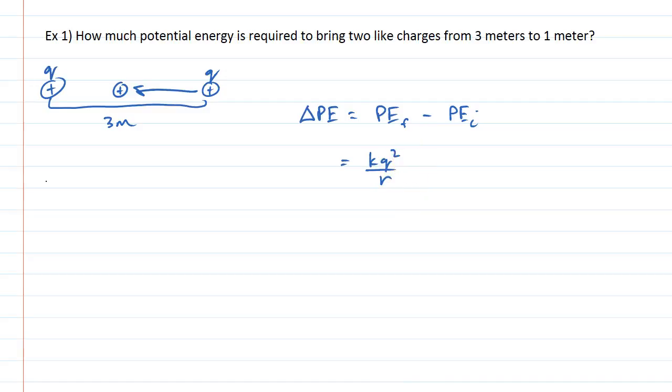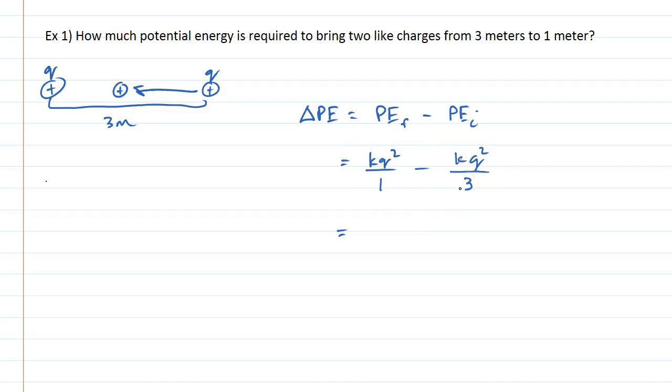And then for r, I'm actually going to be replacing that with the final distance, which will be 1. Now on the other side, we're still going to have kq squared, except the initial distance is 3 away. And so we can subtract these fractions. This is like 1 over 1 minus 1 over 3.